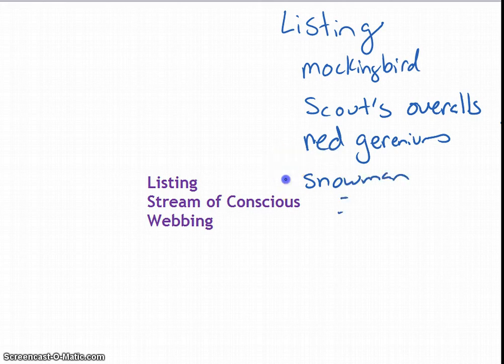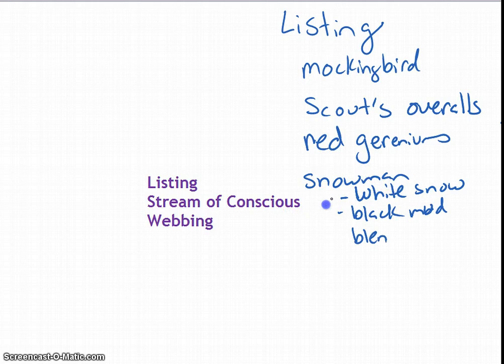Now I need to list under my list. So the snowman, what does it symbolize? Okay, well you've got the white snow and the black mud, and they later blend together, showing unity. Okay, and you're going to do this for all of your examples. What is it symbolizing? How does it symbolize it?